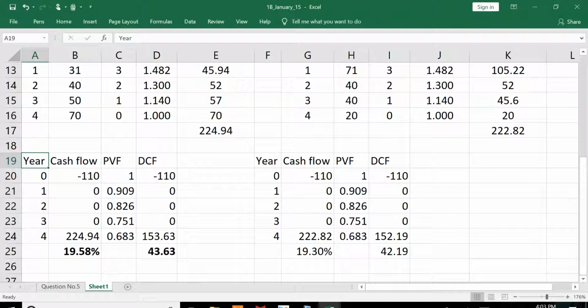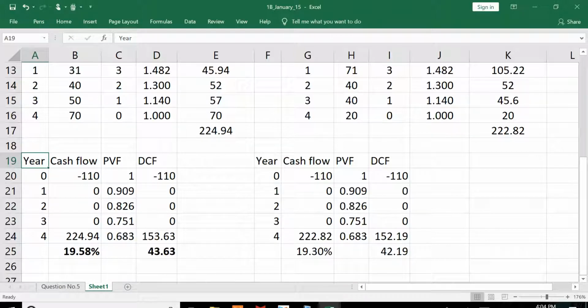I'll give you the answer to NPV and IRR alone. Cash flow, you do the calculation. Do a reinvestment at the rate of 20% and again do the calculation.